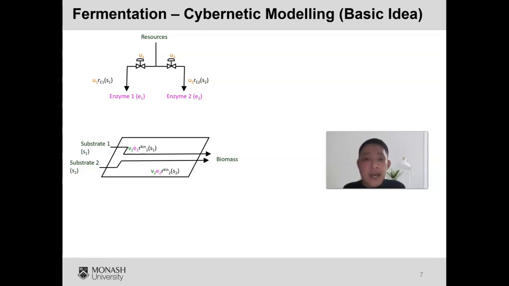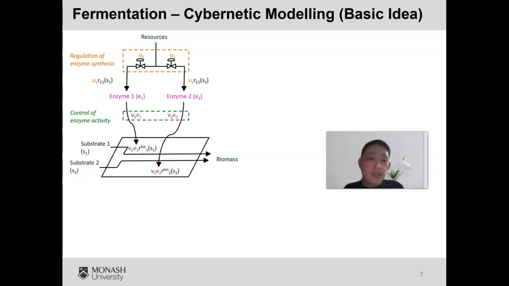After the enzymes are induced or repressed and produced in the cells, we also have another control by the microbe, whereby the microbe is able to activate or inhibit the existing enzymes inside the cell. So there are two levels of control here.